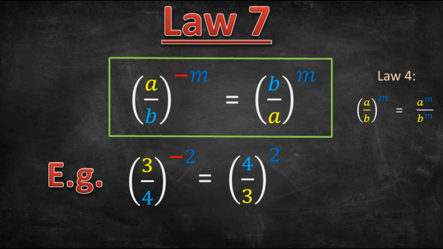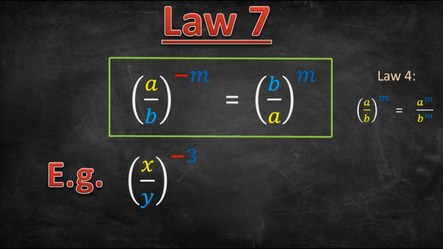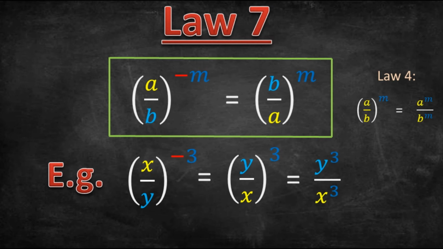So we get 4 squared over 3 squared, which is 16 over 9. Let's look at x over y to the negative 3. Using law 7, we can write it as y over x to the positive 3. And then using law 4, we can apply the power to both the numerator and the denominator. So we get y cubed over x cubed.